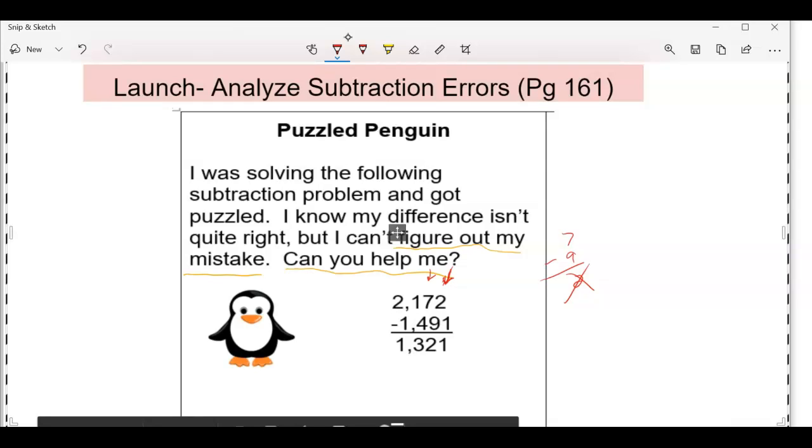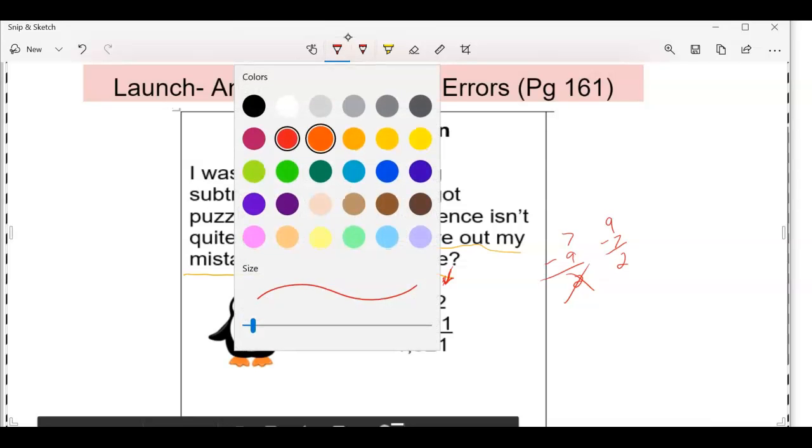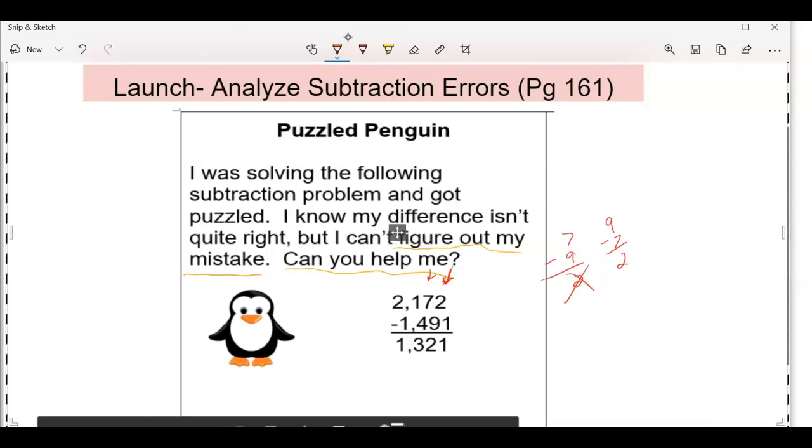Maybe he mistakenly thought it was 9 minus 7, but that is not the case here. So the answer would not be 2. We're going to move the problem over to the side: 2,172 minus 1,491. We'll try to solve it the correct way.